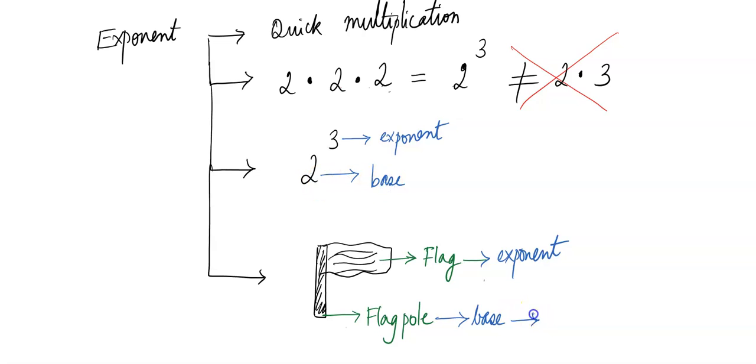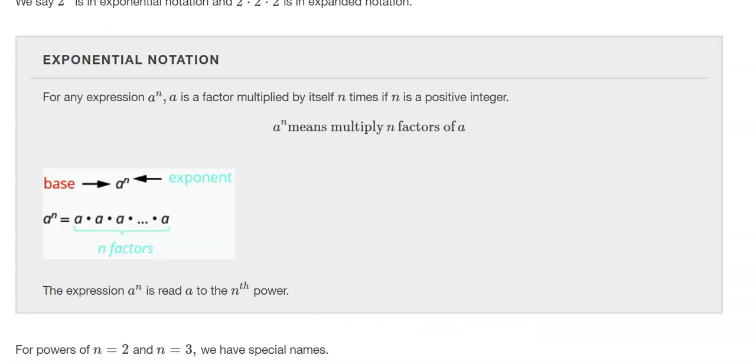The base is a factor. A factor is an expression that is being multiplied several times to produce a result, a product. Okay. So I'll give you the definition here. So an exponential notation is defined this way. For any expression a power n means to multiply n factors of a.